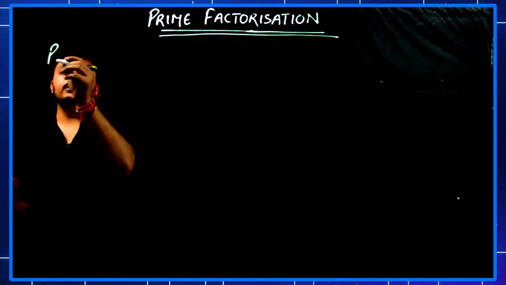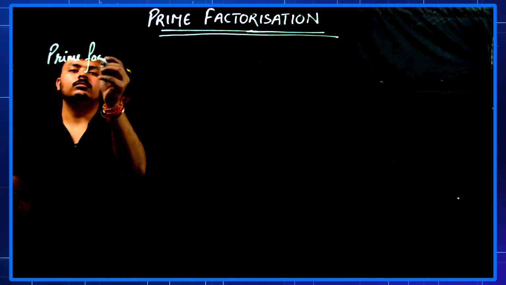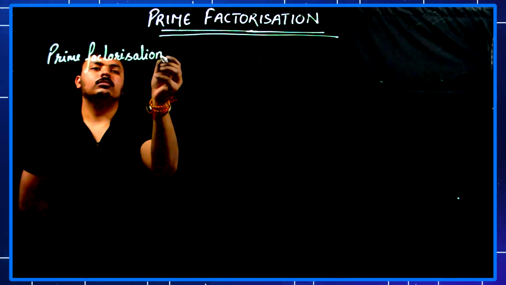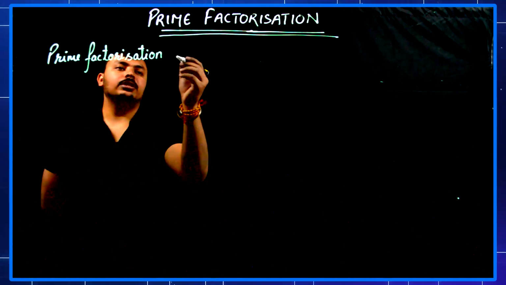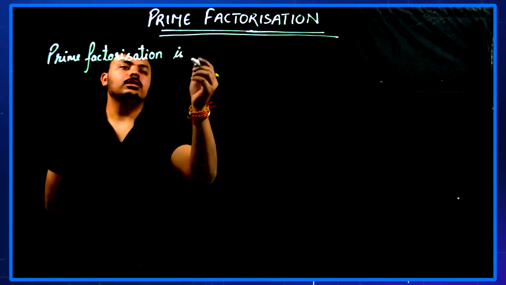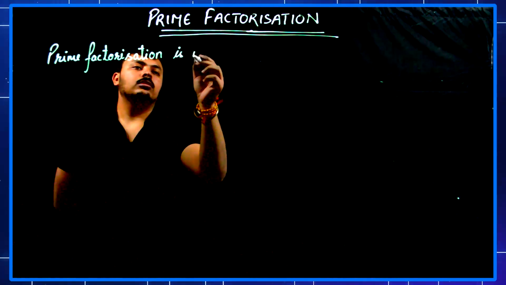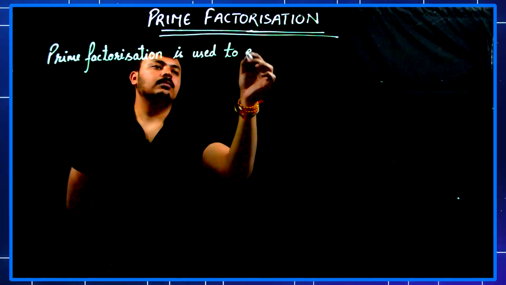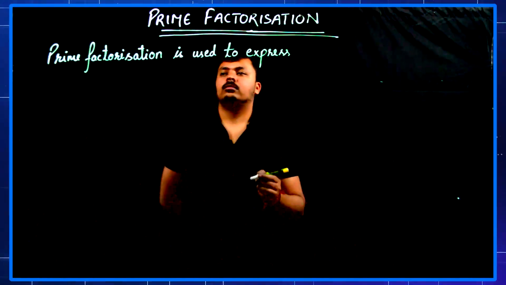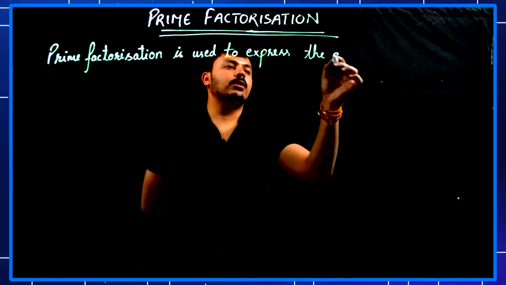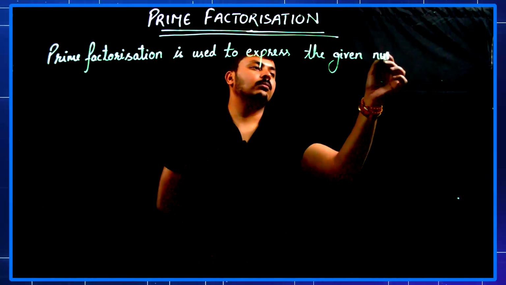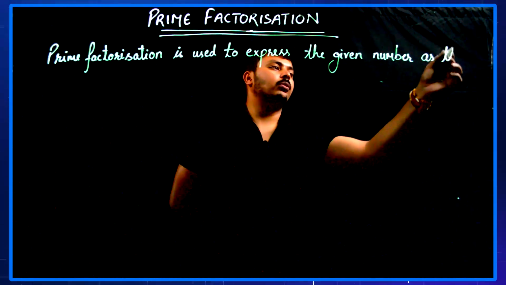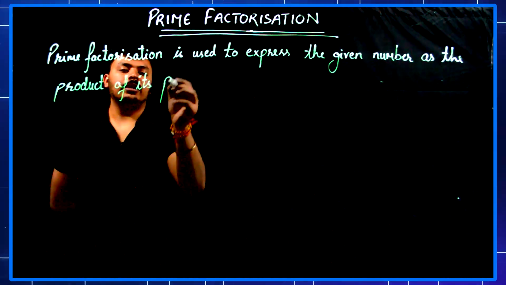So, prime factorization is used to express the given number as the product of its prime factors.